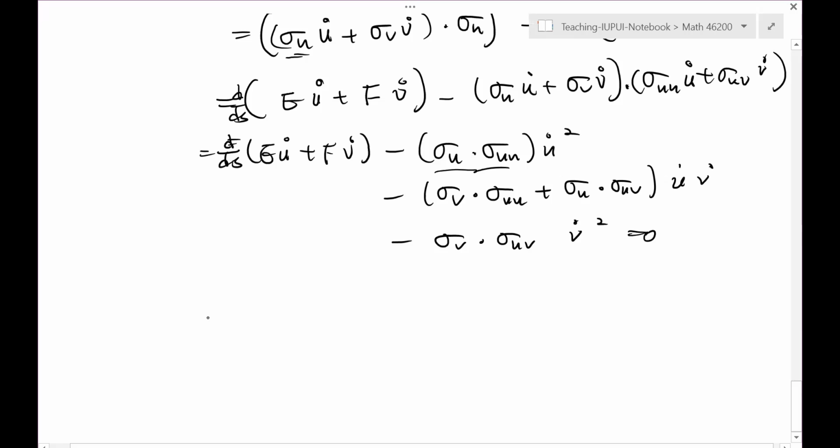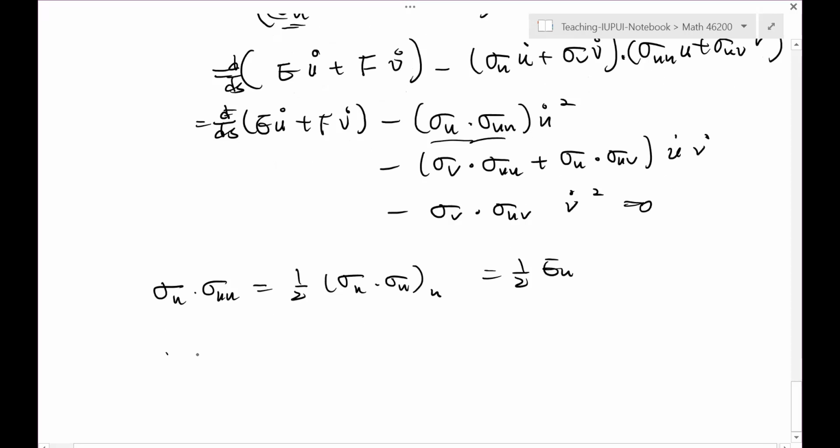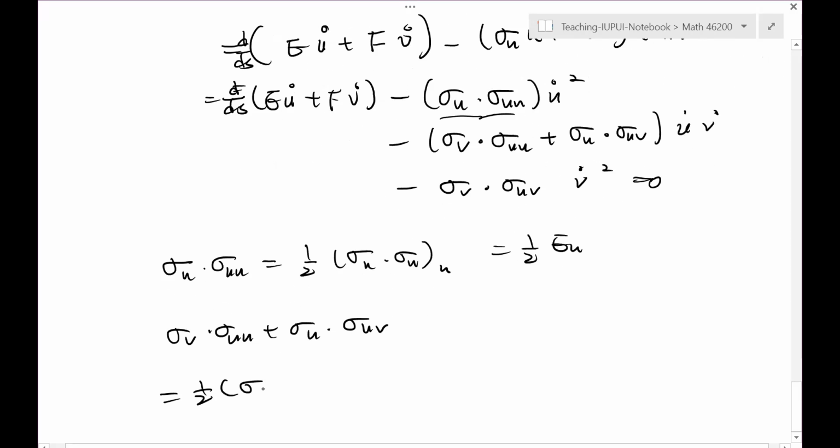This is half of E sub u, that means half of E sub u. And then sigma v dot sigma uu plus sigma u dot sigma uv is equal to F sub u.